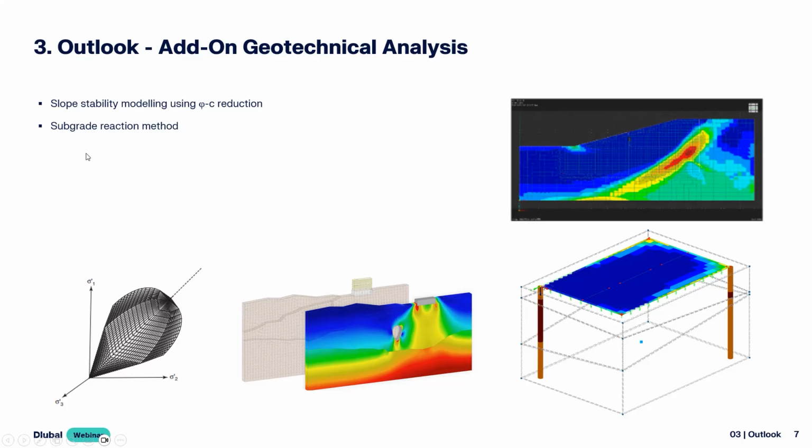Then we will also, now we have the 3D analysis and we have the advanced half-space method. We are also working on providing the subgrade reaction method to you. It is another option to represent the soil behavior as a surface support, and it's not an iterative method.